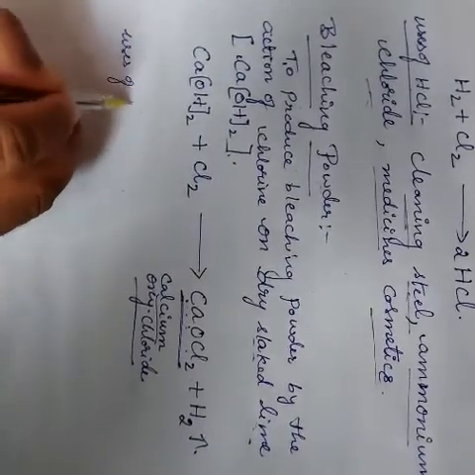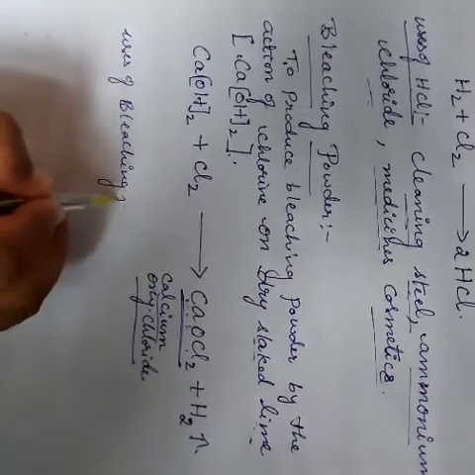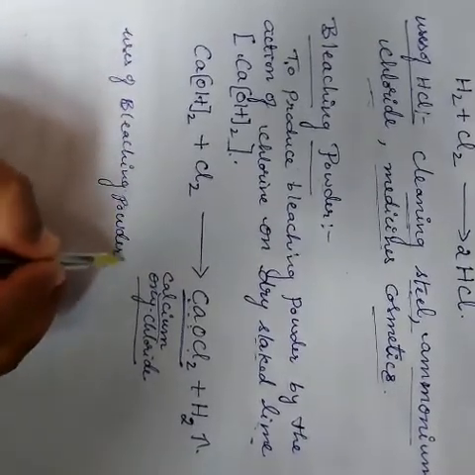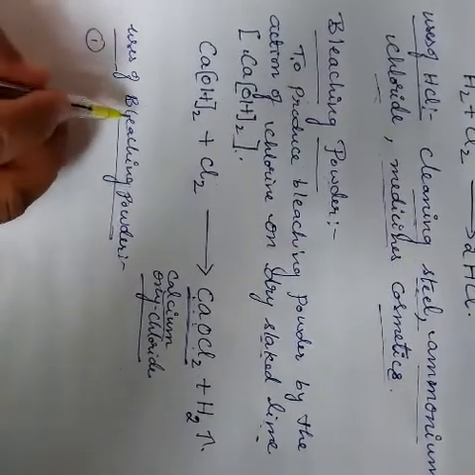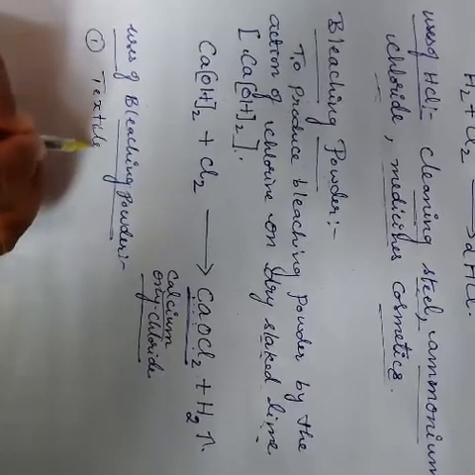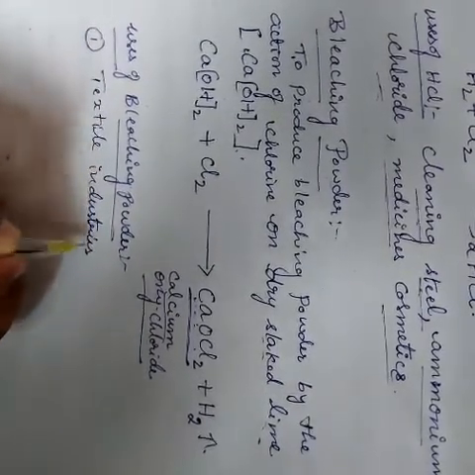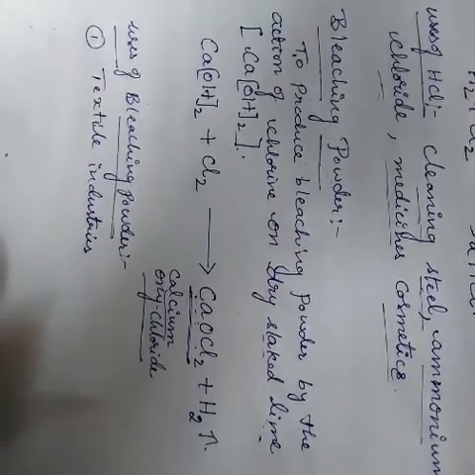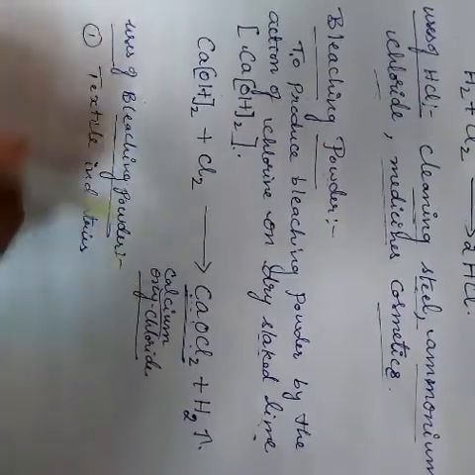Uses of bleaching powder. First, it is used in textile industries, to bleach, that is to clean, cotton clothes and linen.